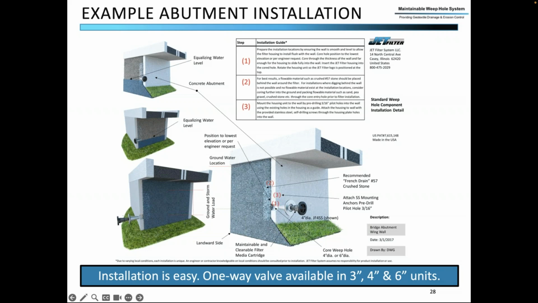However, if the weep hole is not producing water, there are some techniques to break up the backfill to get it to produce water. If it's not producing water at all, or there are no weep holes, then it's as simple as coring a weep hole into the structure, putting the unit in, and mounting it with the mounting fasteners that are provided. It all comes pre-assembled, and then it will start draining.